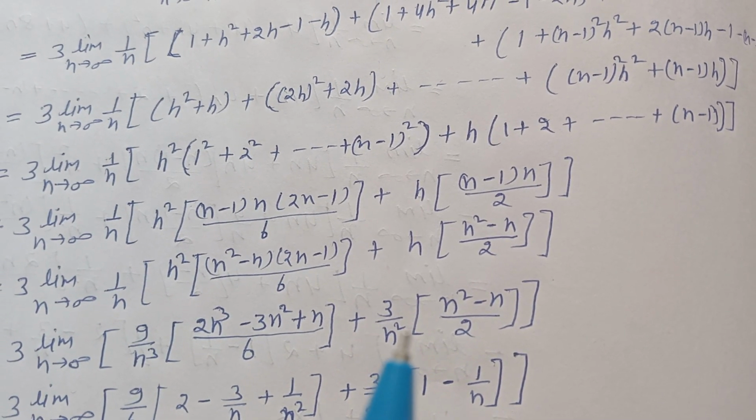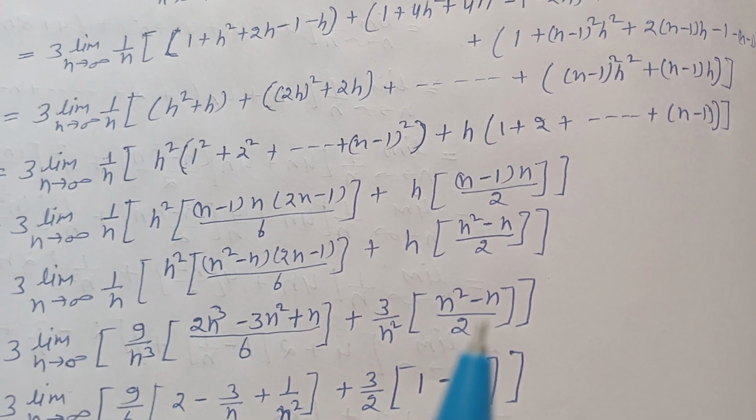So 3 upon n square bracket of (n square minus n) by 2.